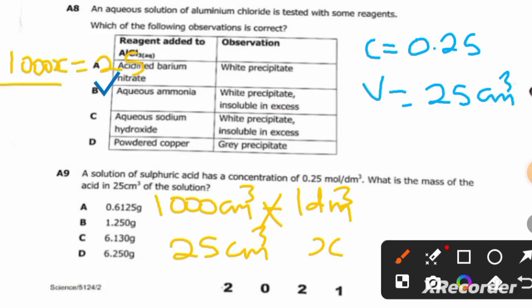Here divide by 1000, here divide by 1000, even here divide by 1000. The value of x is equal to 25 divided by 1000. We are going to get 0.025.